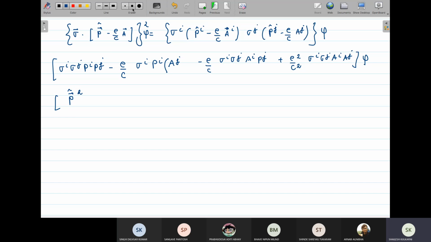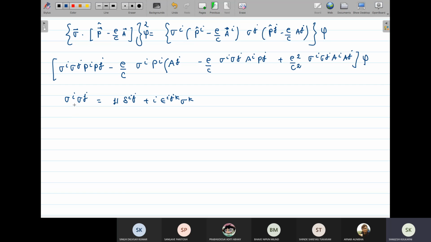Let me use the following property of the sigma matrices, which I hope you know: sigma i sigma j equals identity times delta_ij plus i times epsilon_ijk sigma_k.